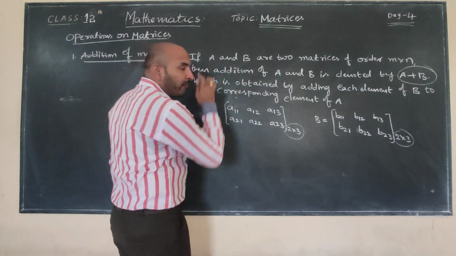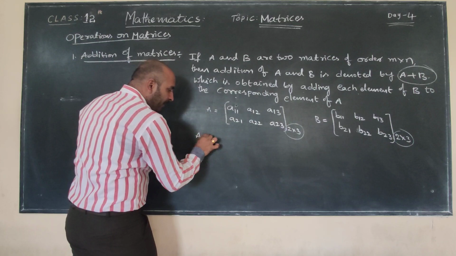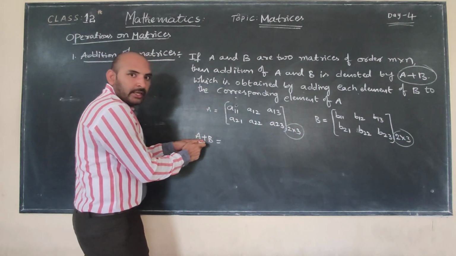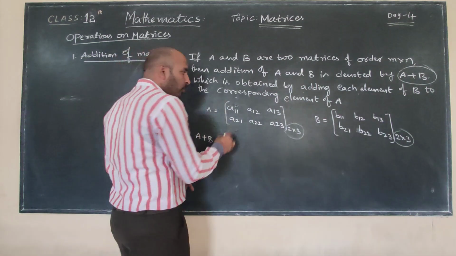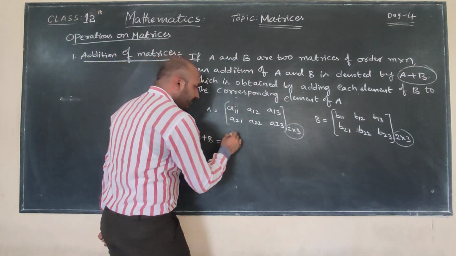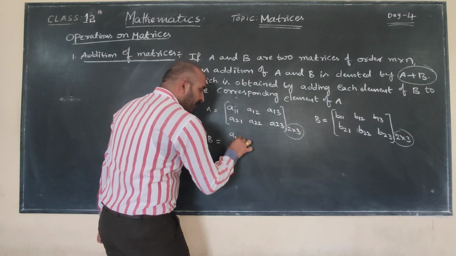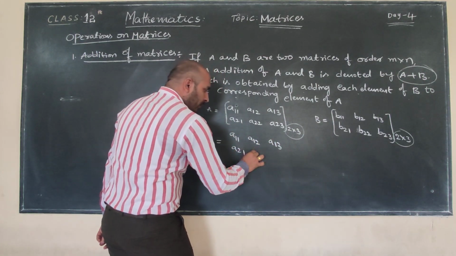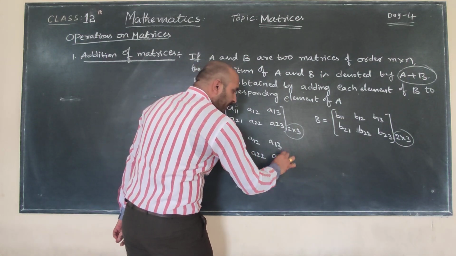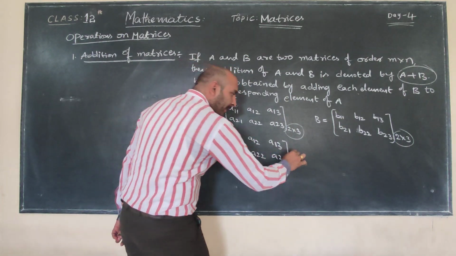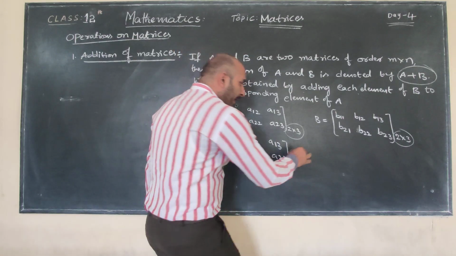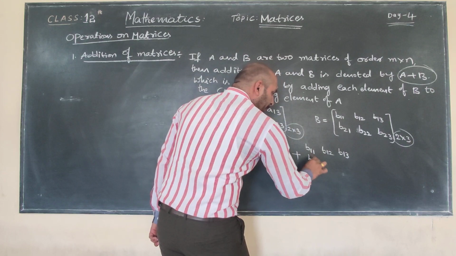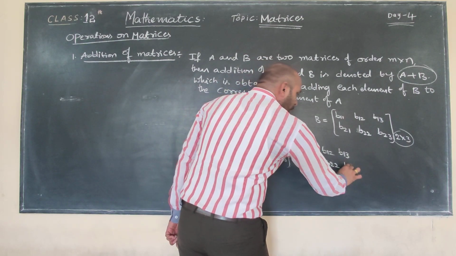So the addition of matrices is denoted by A plus B, equal to adding these two matrices. The first matrix A11, A12, A13, A21, A22, A23, plus the second matrix B11, B12, B13, B21, B22, B23.